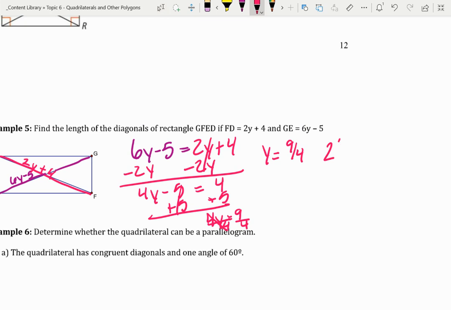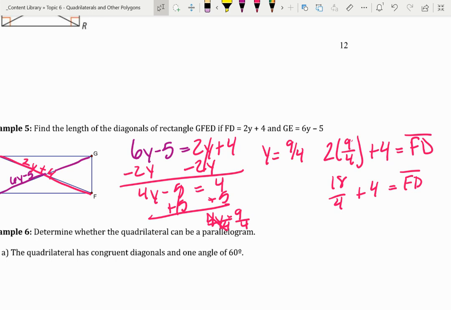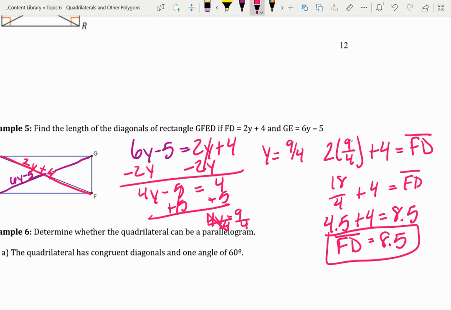So we say 2 times 9 over 4 plus 4 equals FD. 2 times 9 gives me 18 divided by 4, plus 4 equals FD. 18 divided by 4 is about 4.5, plus 4 equals 8.5. So FD equals 8.5.